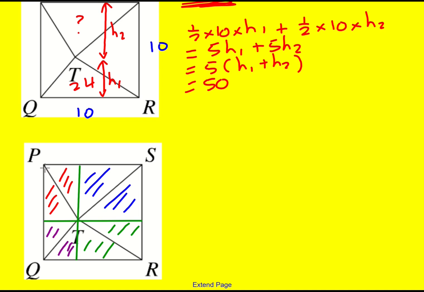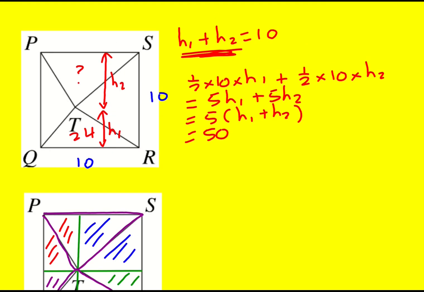So it must again be that the sum of the two triangles is equal to 50 because we've got two blues, two reds, so overall it's 100. So the red plus the blue plus the purple plus the green must be 50. And then again, just like before, it's going to be 50 minus 24. So yeah, this is a nice approach, which avoids algebra, but shows that it's true.